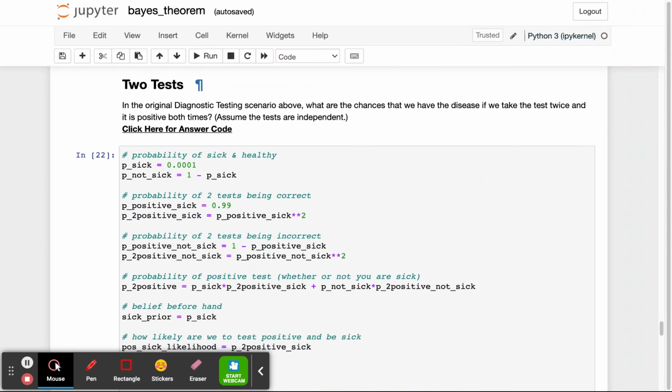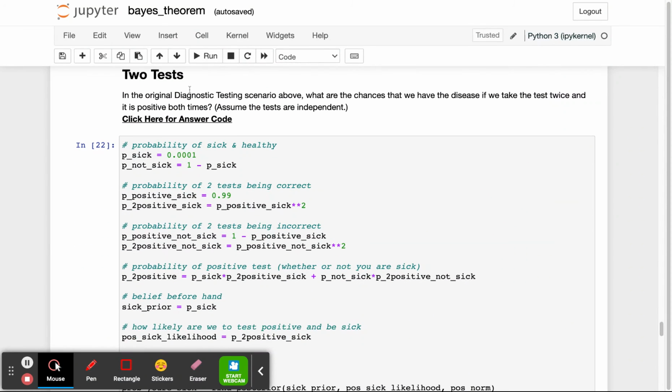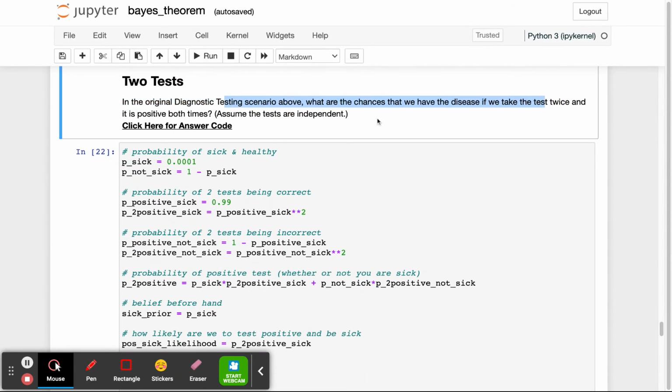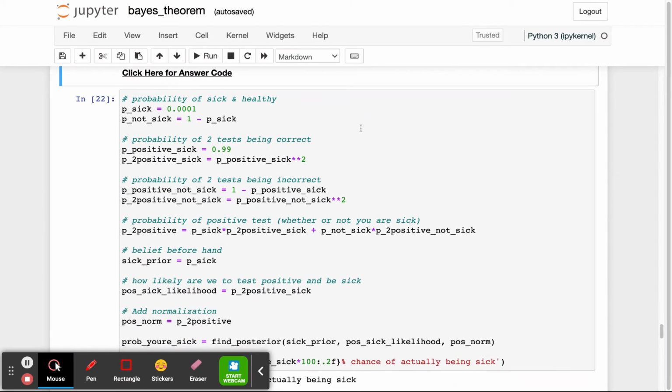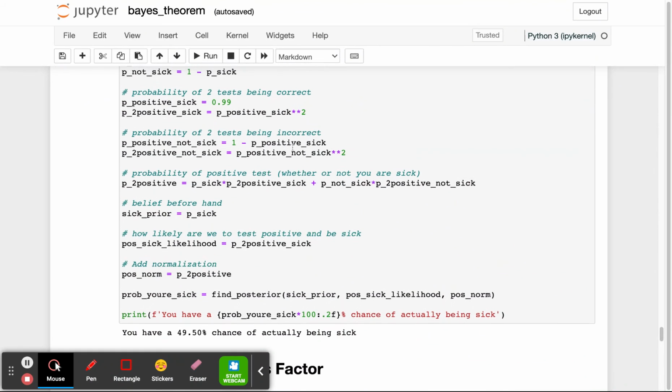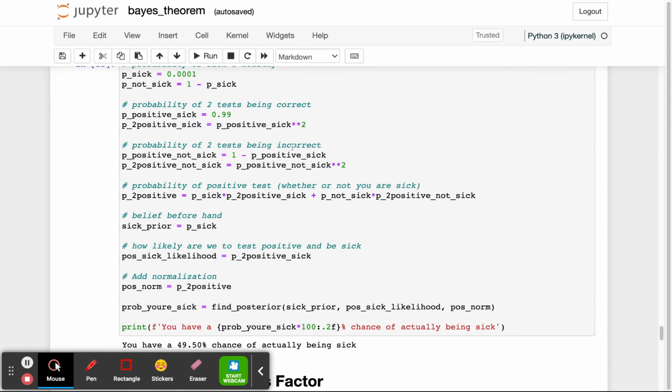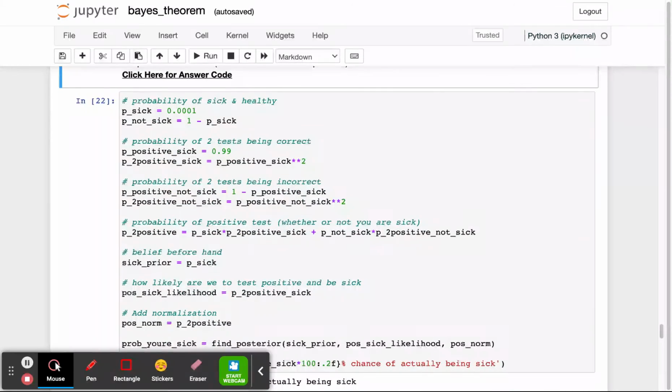Now, if we took the test and it was positive, and we decided, you know what, we want a second opinion, we took a second test, not really second opinion, but we took the test twice, and it came up positive both times. So now the incidence of the disease is the same, and the accuracy of the test is the same.